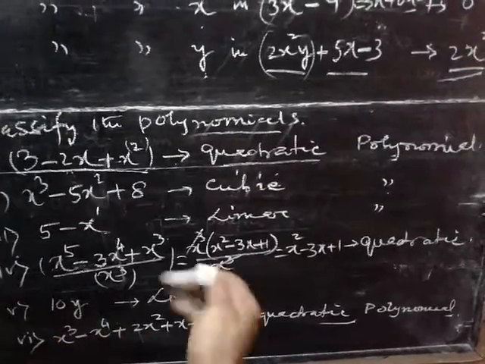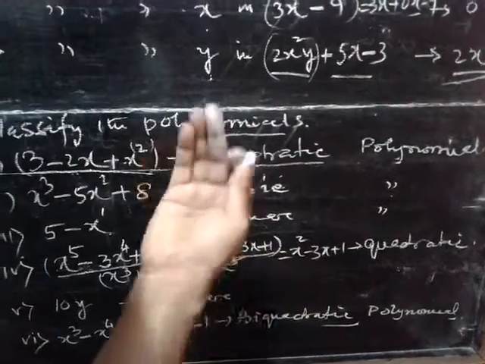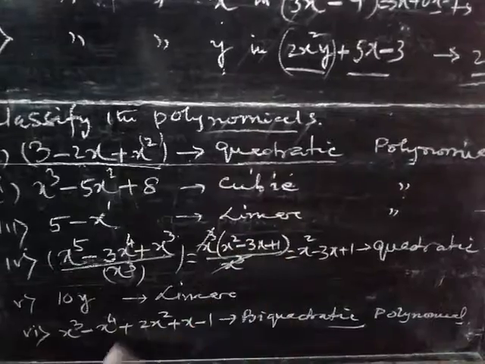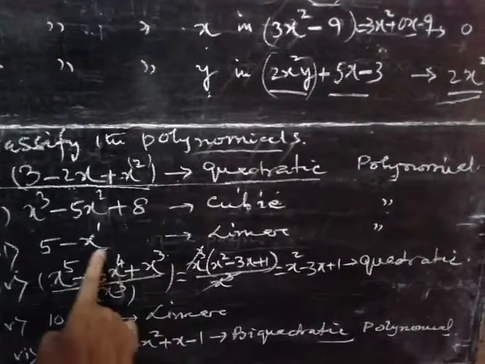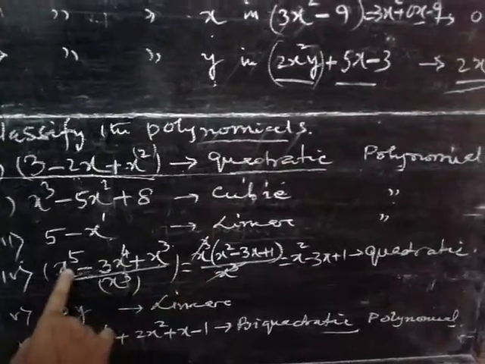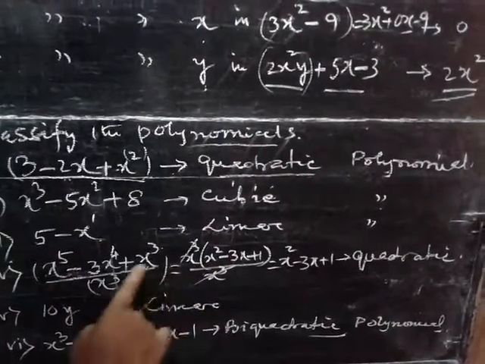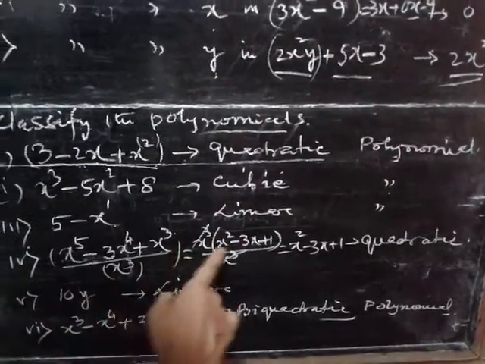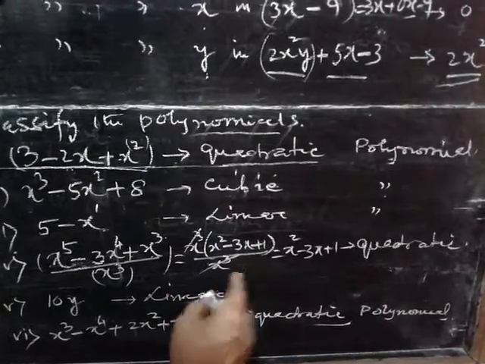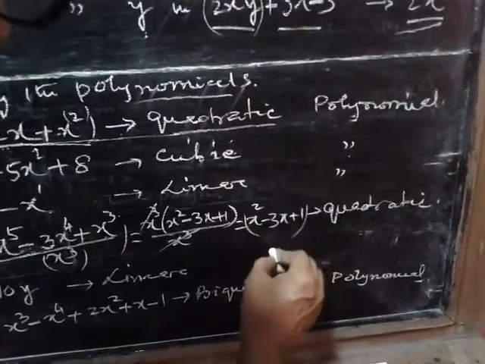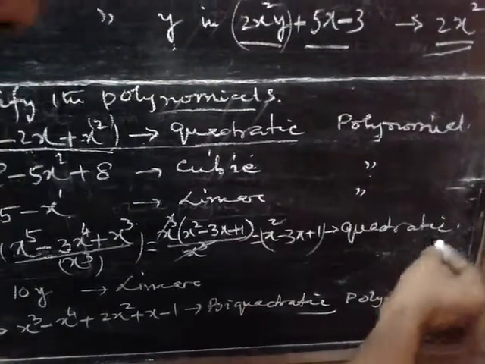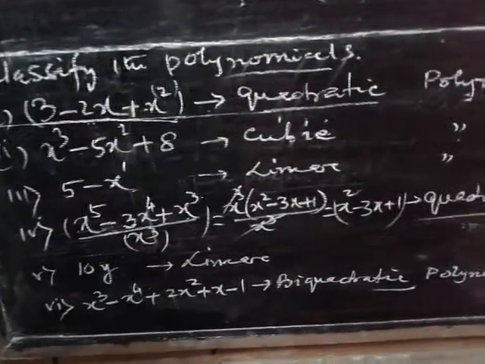So you have to find out the degree, that is, classify the polynomial. See, I am taking x cube common from the numerator. It has come x cube common, then x square minus 3x plus 1. So x cube cut off, remaining this one, and the maximum power is 2. So this is a quadratic polynomial.